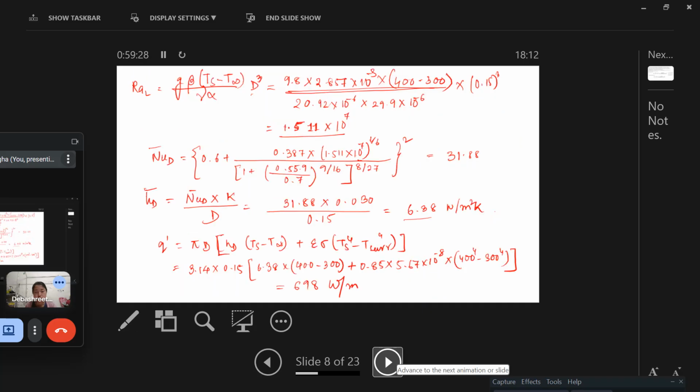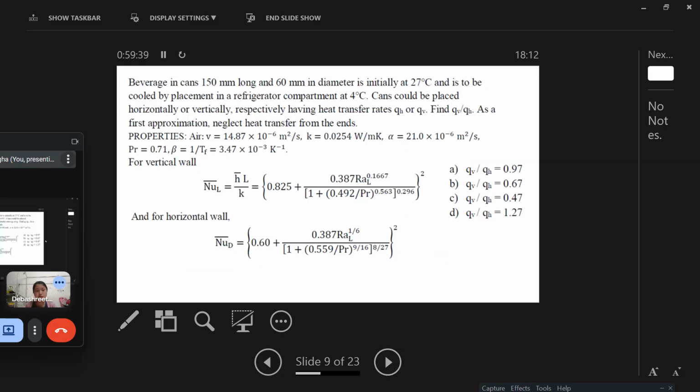Okay. Now, we move to the next question. Beverage cans 150 millimeter long and 60 millimeter in diameter are initially at 27 degrees Celsius and are to be cooled by placement in a refrigerator compartment at 4 degrees Celsius. Cans could be placed horizontally or vertically.